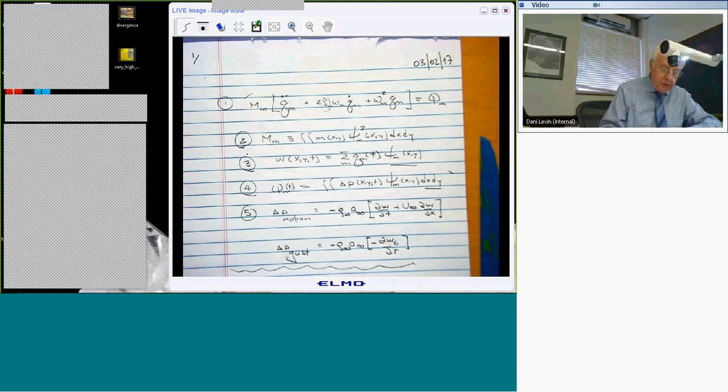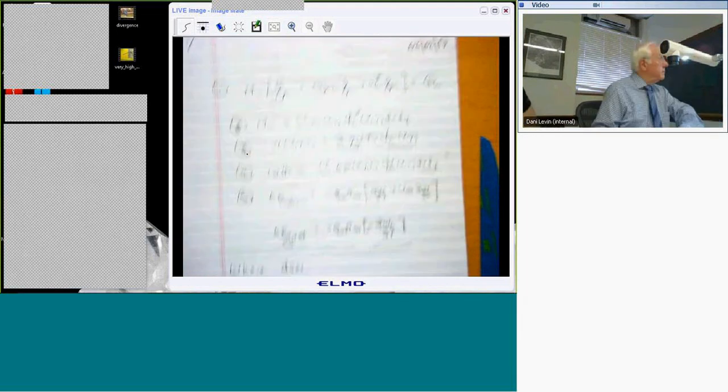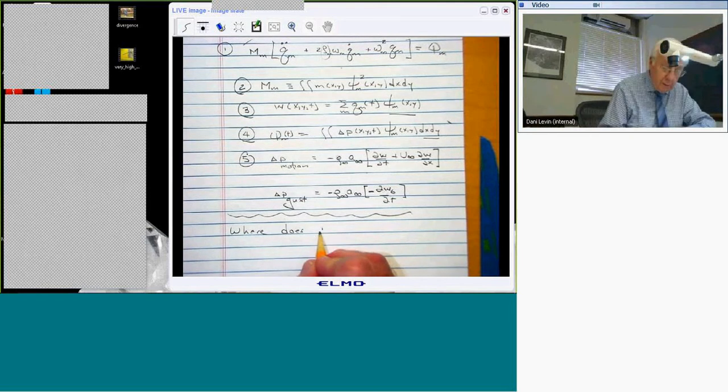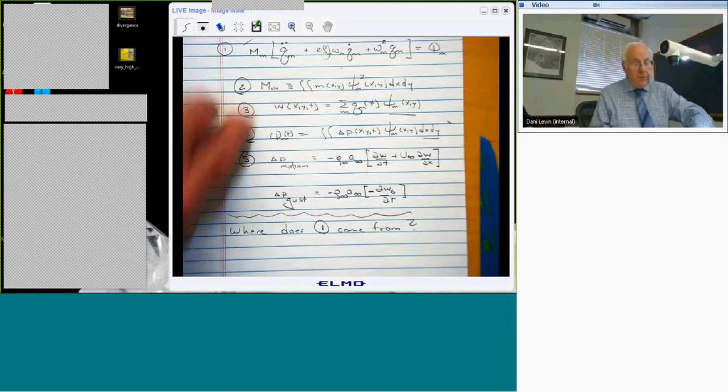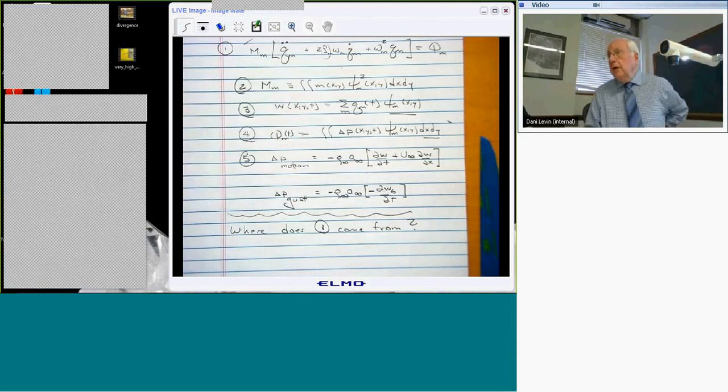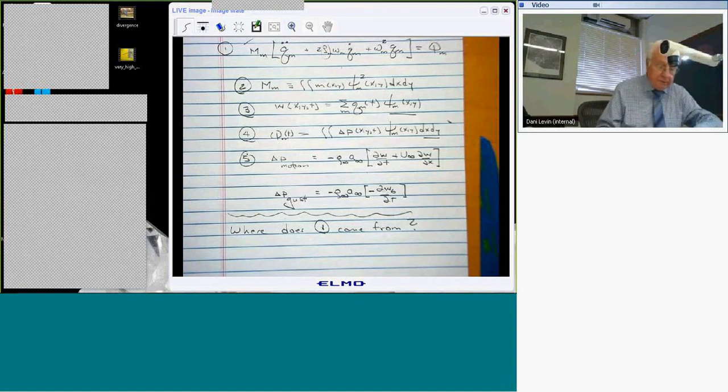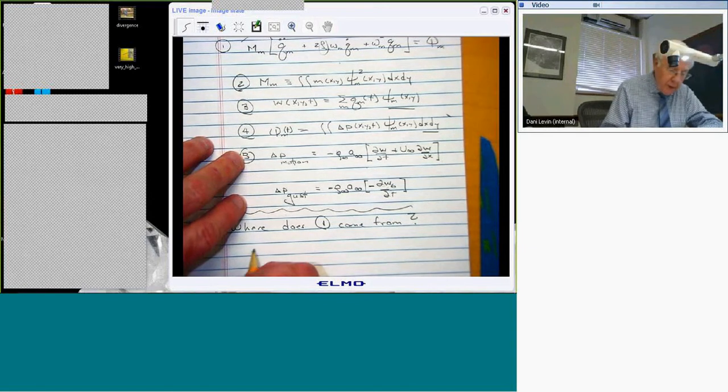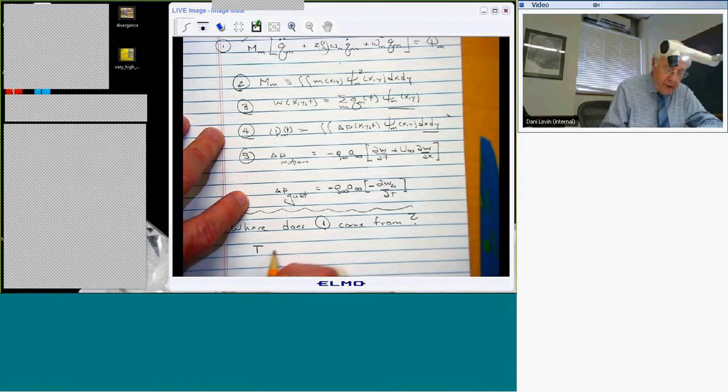So let's talk about where 1 comes from. Well, the first term, m q double dot, is fairly easy. It comes from the kinetic energy.